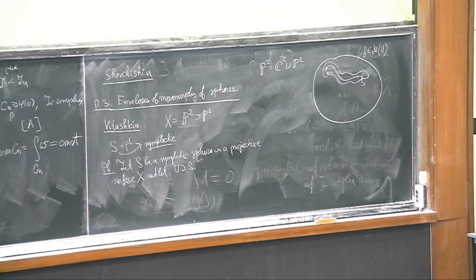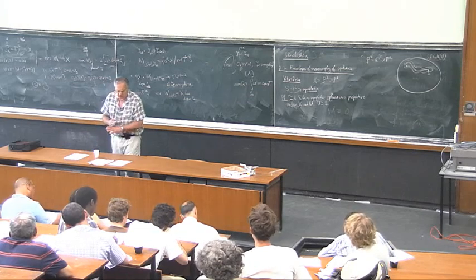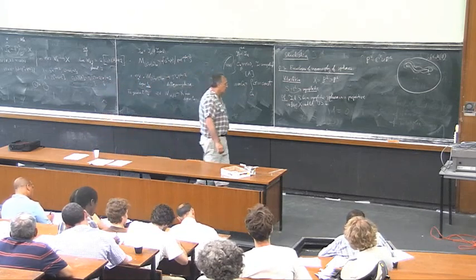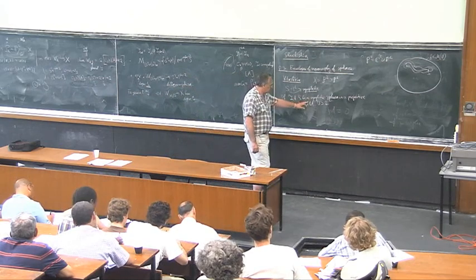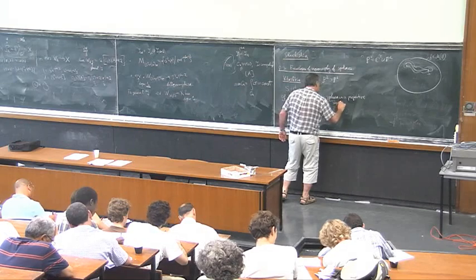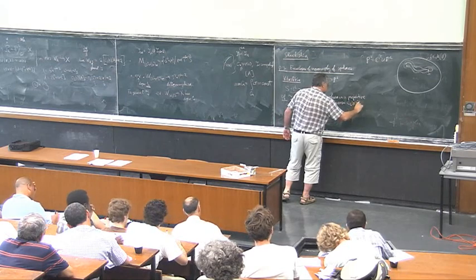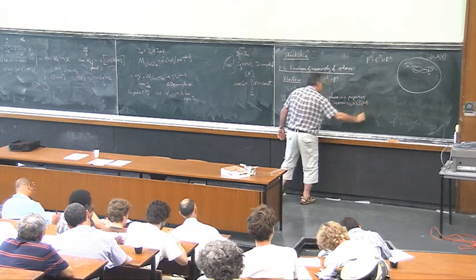So I consider the embedded case, but you can also consider spheres having positive self-intersections. Suppose that the value of the first Chern class of your surface on S is positive.